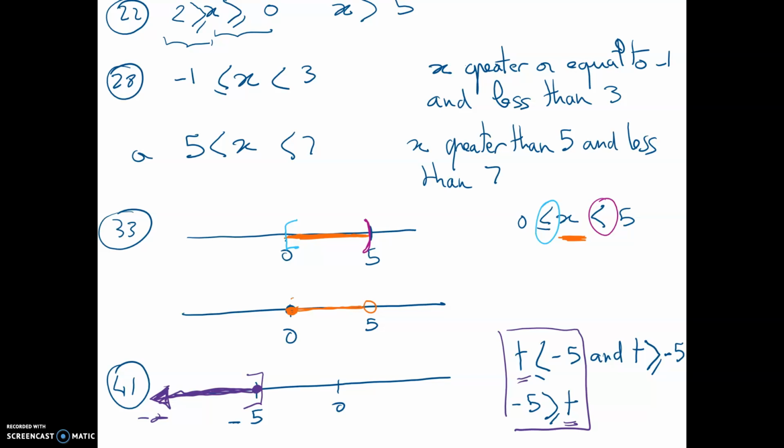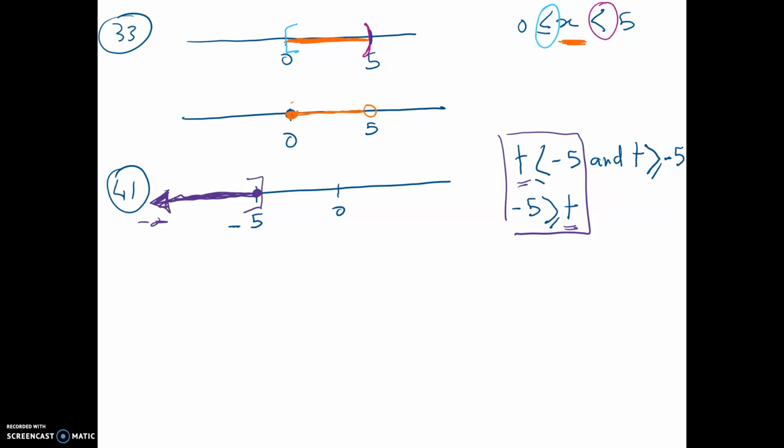On the other hand, t greater than negative 5. And I would like to also take the opportunity that if I have negative 5 right there, t greater than negative 5 or equal to negative 5, there is an equal.